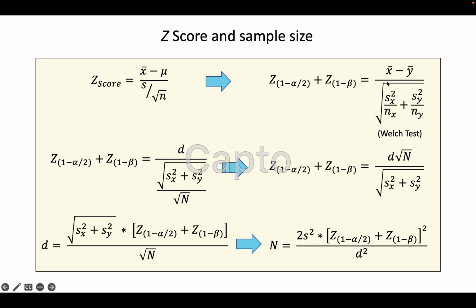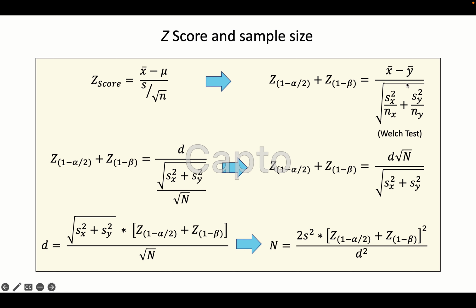And then you have to divide this by something slightly more complex than the equation for the standard error of the population, standard deviation of the population, which is the standard error.